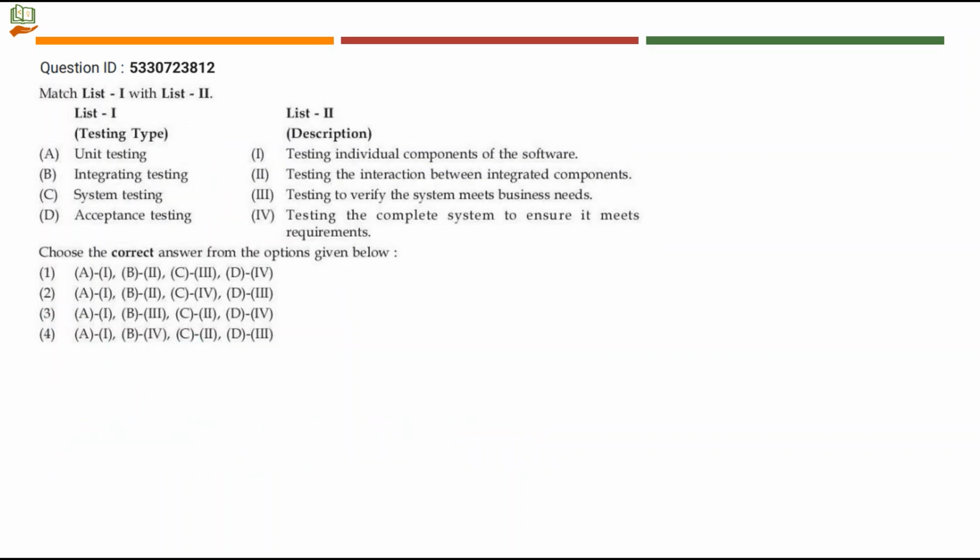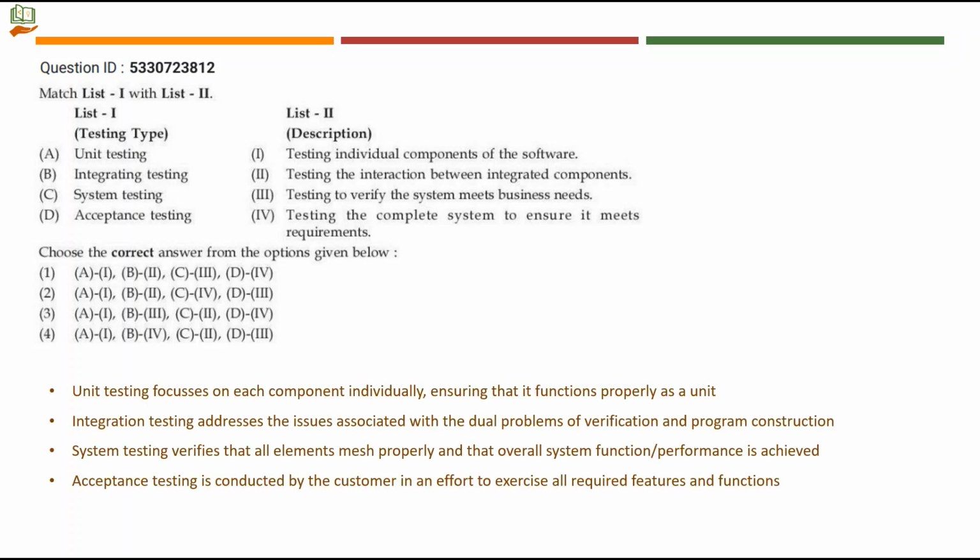Next question. Match list 1 with list 2. List 1 has the testing types and list 2 has descriptions. We have unit testing, integration testing, system testing and acceptance testing. Unit testing focuses on each component individually, ensuring that it functions properly as a unit. So testing individual components of the software exactly matches the statement here. So A will map to 1. It is directly given. A1 is available in all the options.